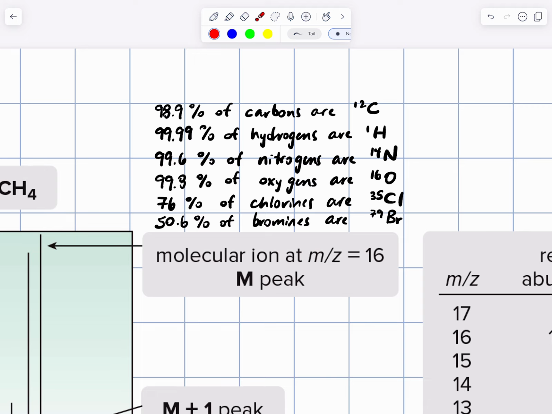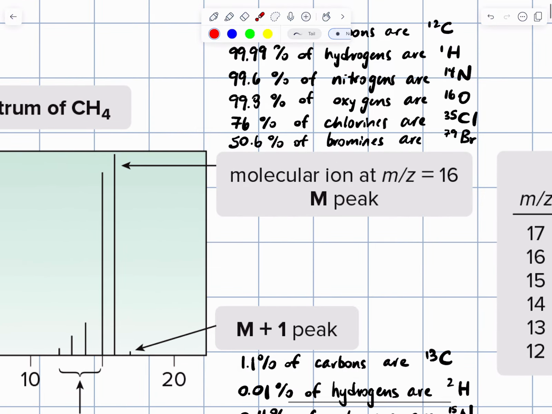And then some really small amount is C14, meaning carbon with 2 extra neutrons. Same thing with hydrogen. 99.99% of hydrogens are just a proton, but then a small percentage are deuterium with 1 neutron in the nucleus. Same thing with nitrogen. There are higher molecular weight isotopes of nitrogen, higher molecular weight isotopes of oxygen, chlorine, bromine, and so on.